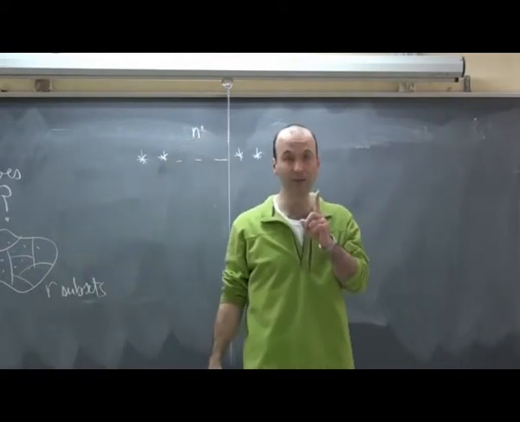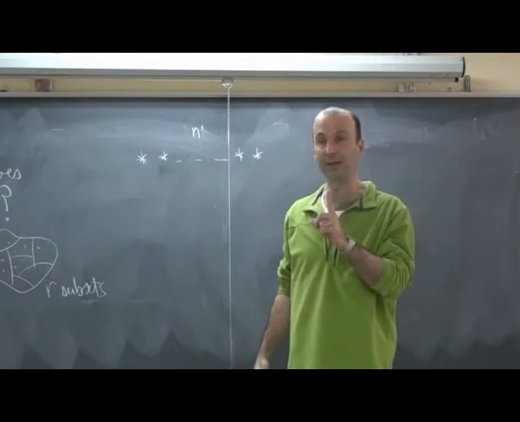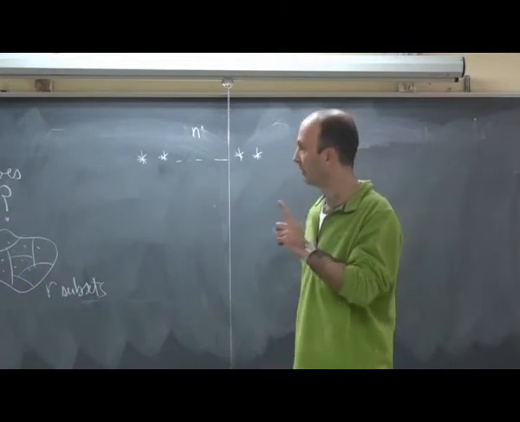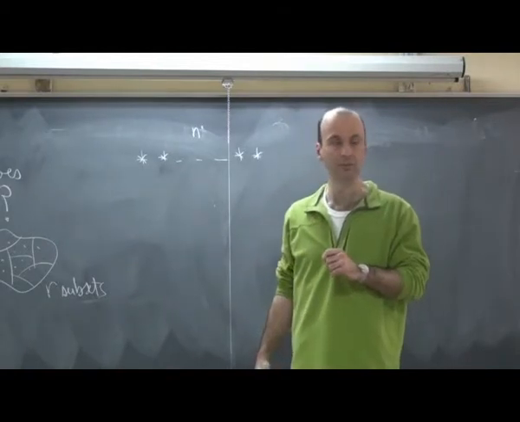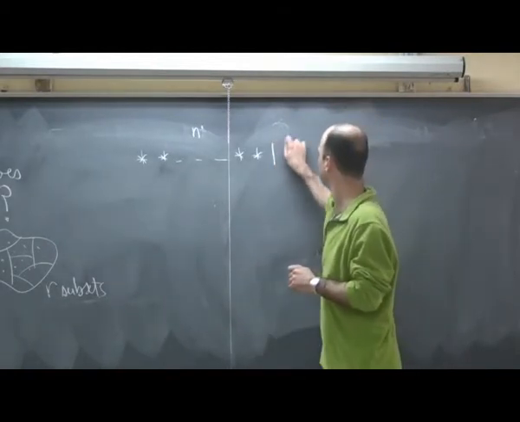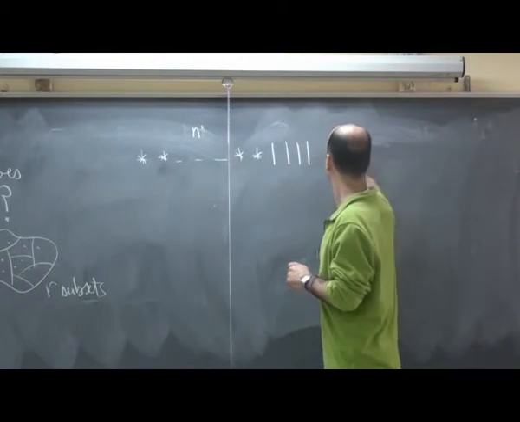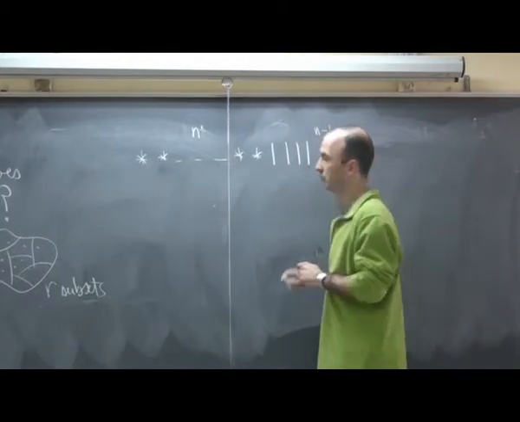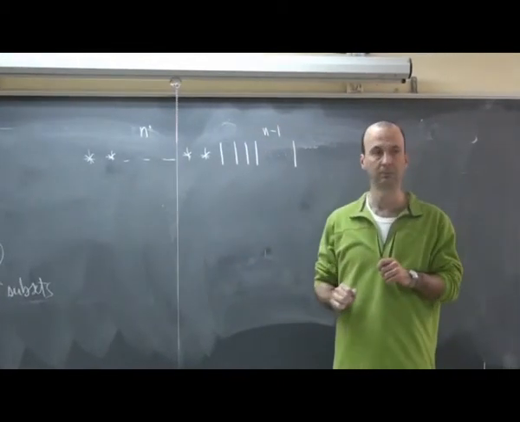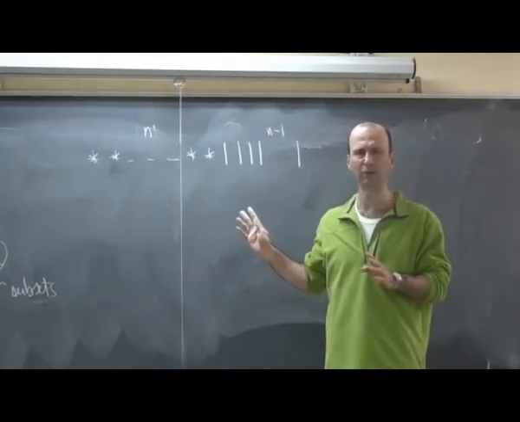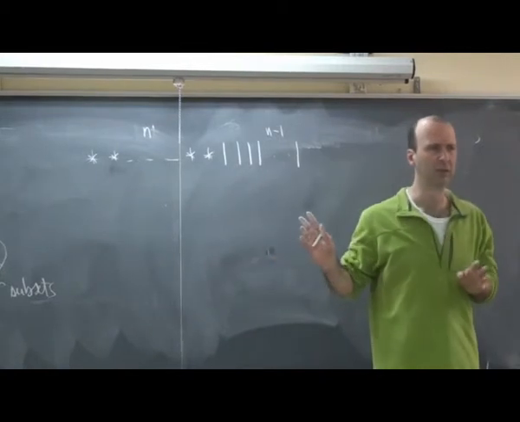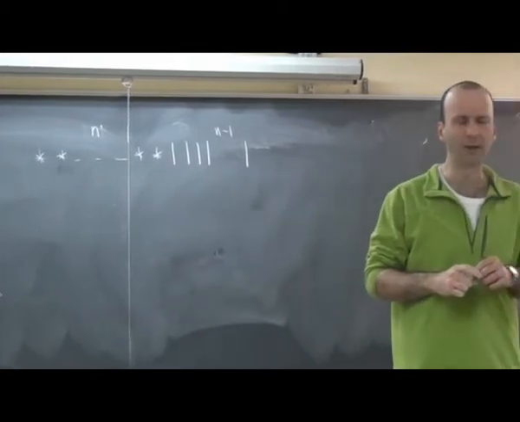And now I'm going to write down r minus 1 bars. Does anyone know what those bars are for?